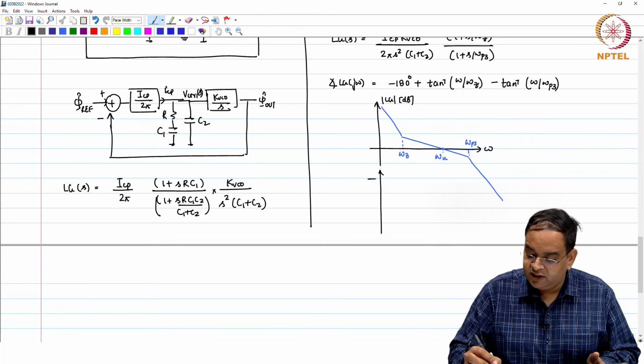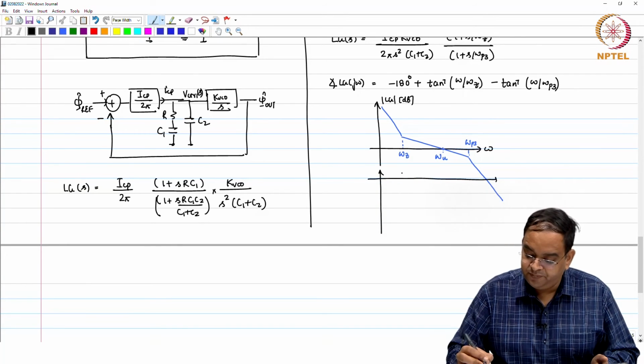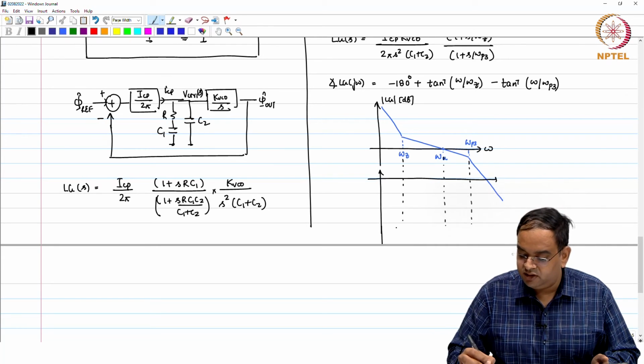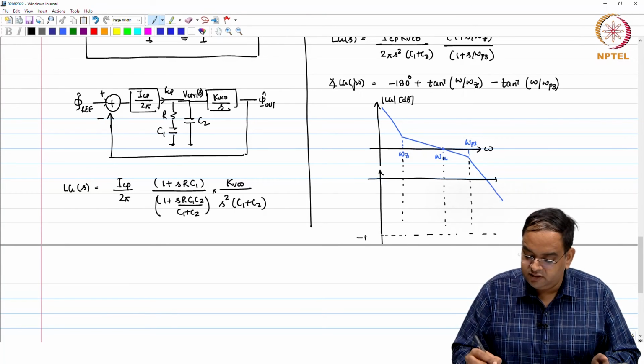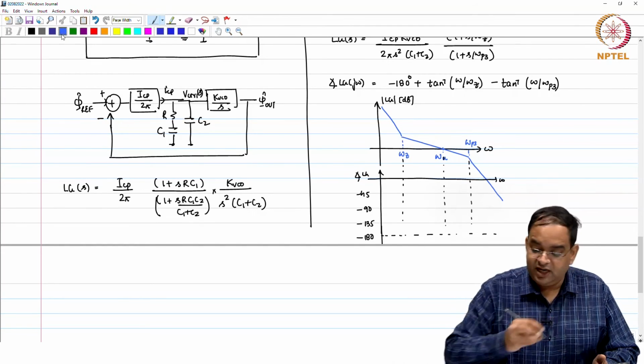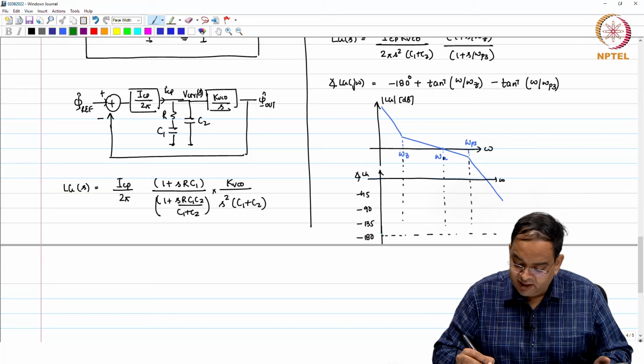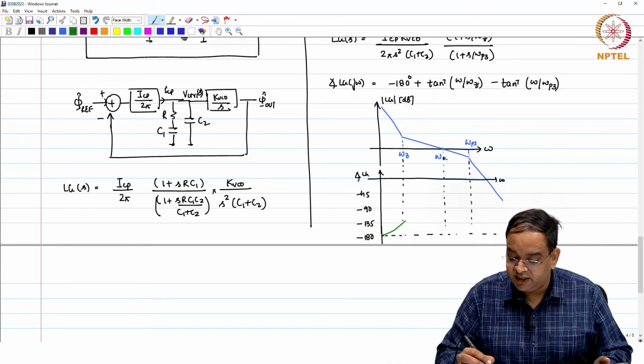Okay. So, if we have such kind of loop gain, then the corresponding phase plot is going to be like this. So, at omega u, you will have, so, I will just take another line here. Okay. So, this is minus 180, minus 135, minus 90, minus 45 degree, right. So, it starts with the minus 180 degree, it has a 0. So, it goes to minus 135.